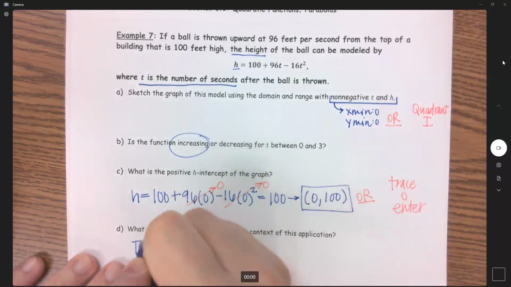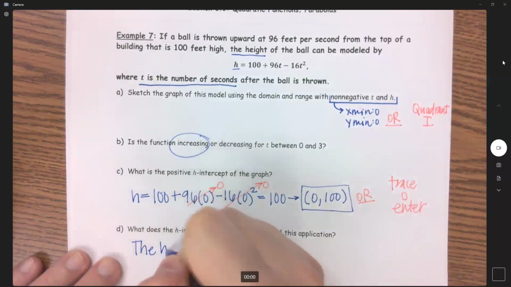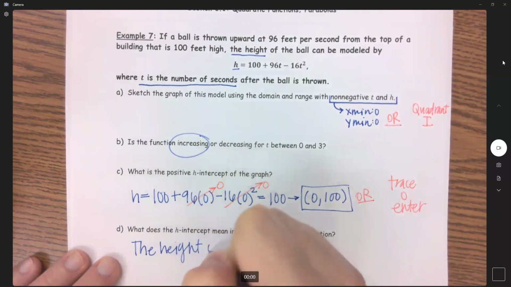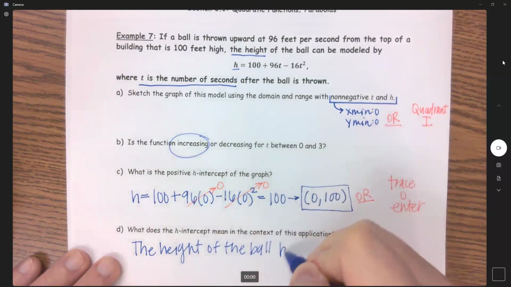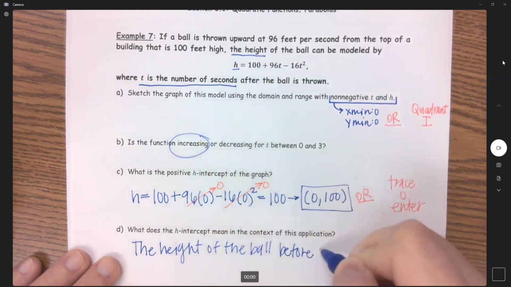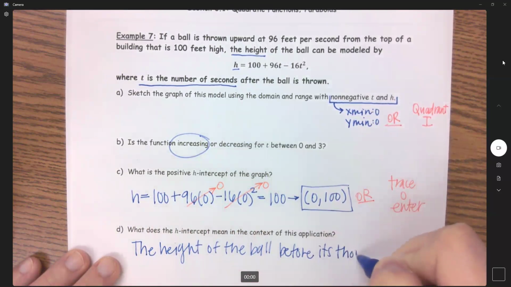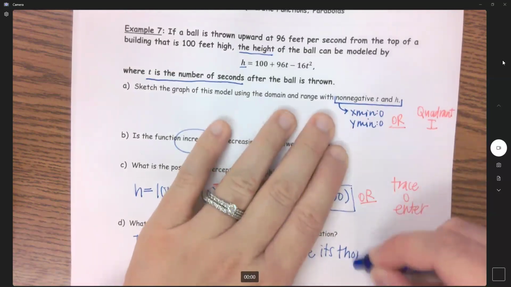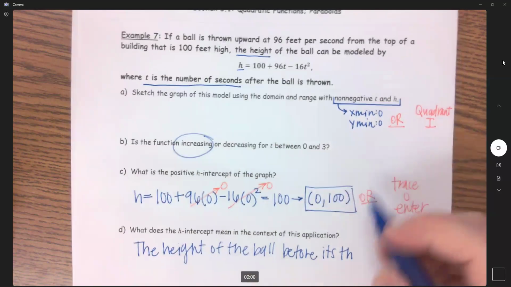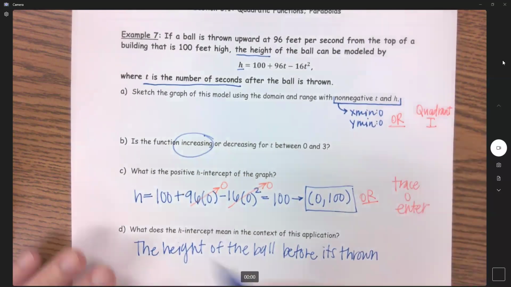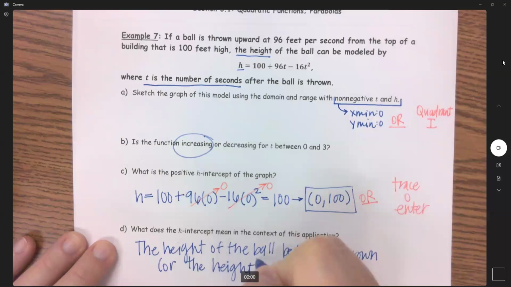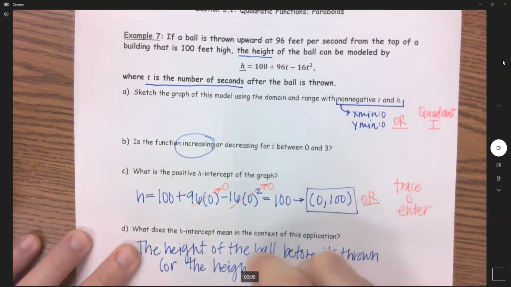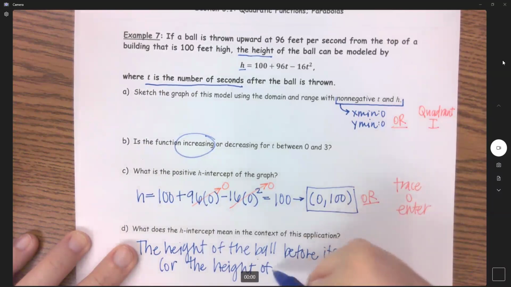You can say the height of the ball before it's thrown, or simply the height of the building.